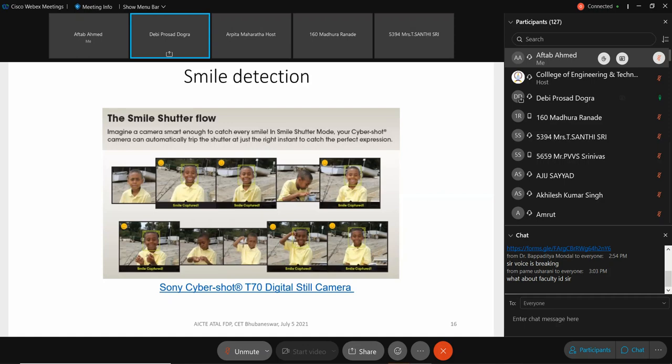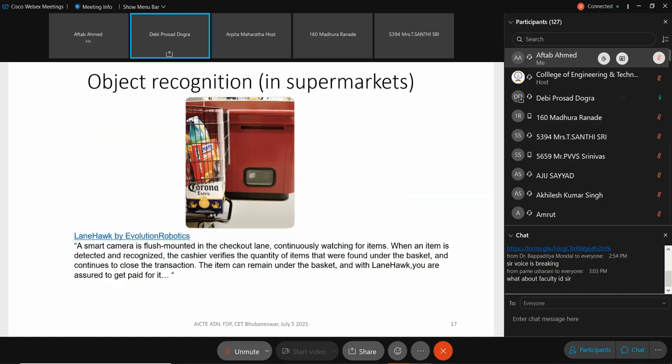Obviously it can be extended into many other applications also, particularly funny gaming applications. Object recognition has other applications like in supermarkets. I'll show you other more practical applications which are being used.